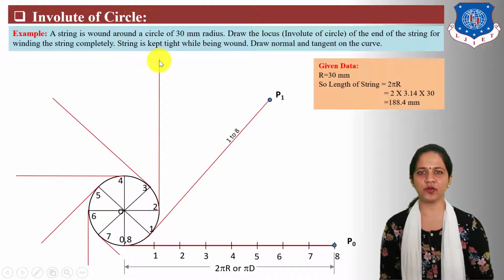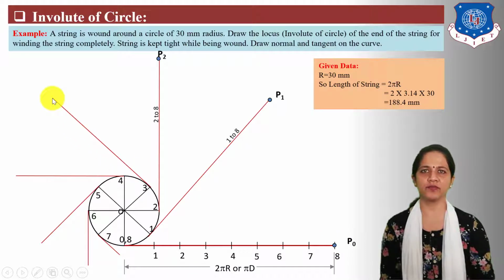Next, for the P2 locus point, take distance 2/8 from the original string and transfer it on the second position of the string and mark here the P2 locus point. For the P3 locus point, take distance 3/8 from the original string position and transfer 3/8 distance on the third position of the string and locate here the P3 point.